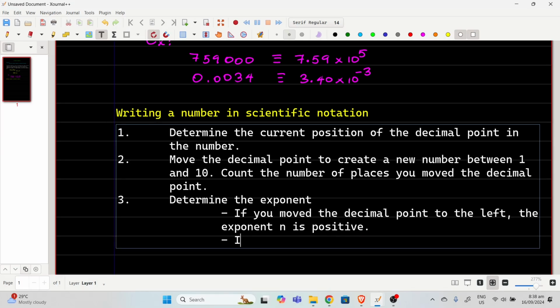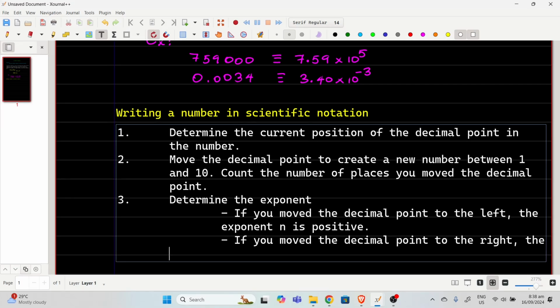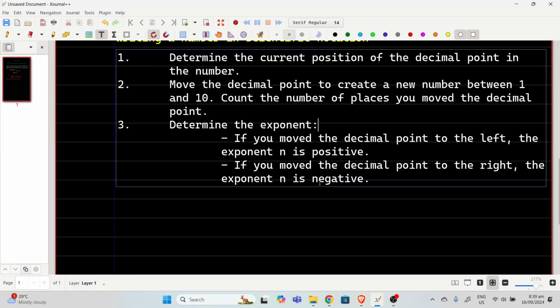And if you moved the decimal point to the right, then the exponent n is negative. So to determine the exponent, all you have to do is figure out where you're moving the decimal point to, whether you're moving it to the left or to the right.